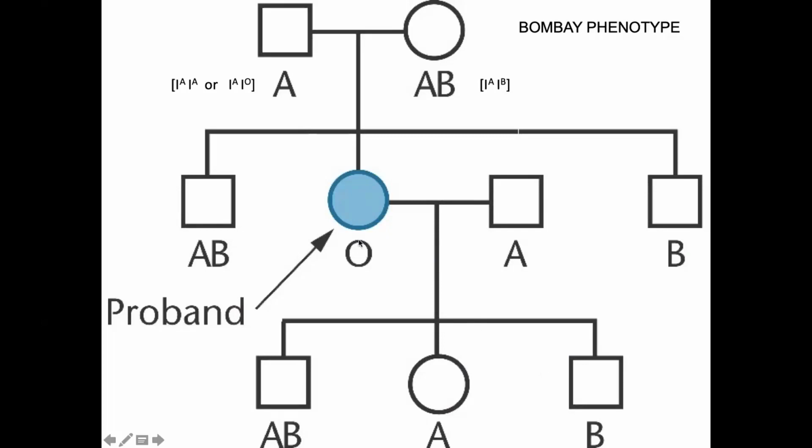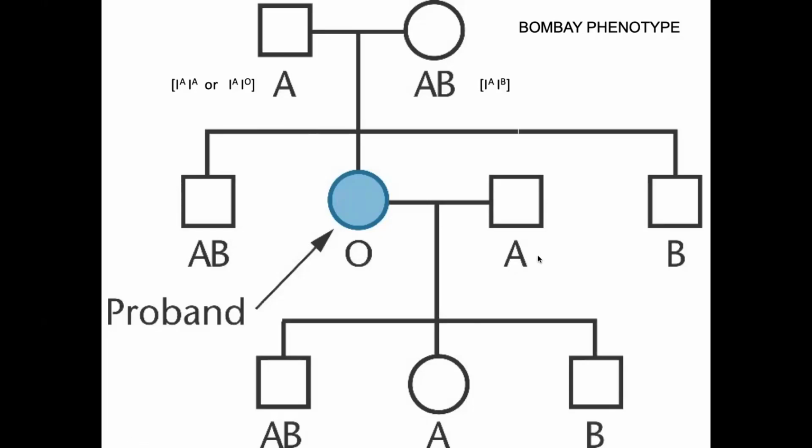Again, this individual has the O blood type, and the father, the husband, had the A blood type, and yet they were able to produce children that expressed either the B type blood or the AB type. So where's that B coming from? It couldn't be present in an O genotype, or in an A genotype as well. So clearly something unusual is going on here.